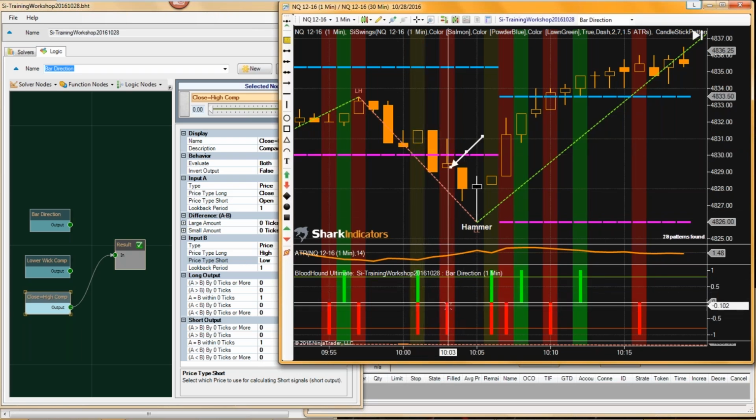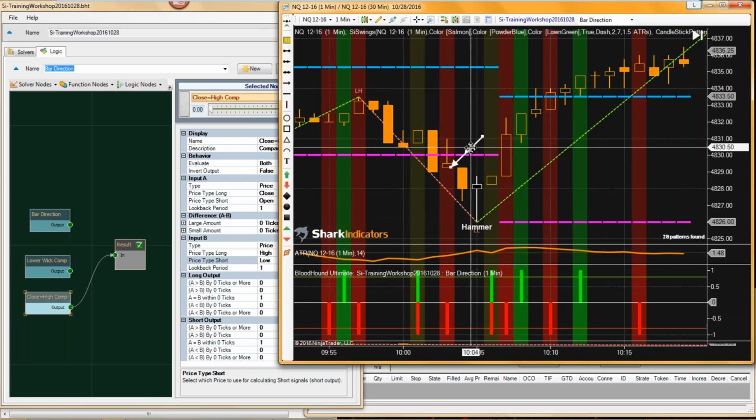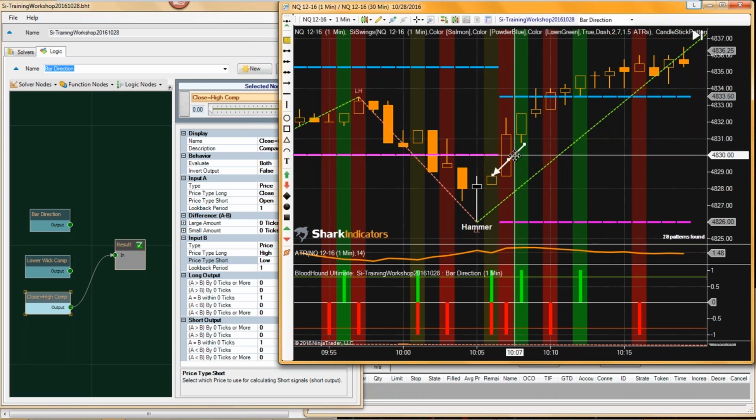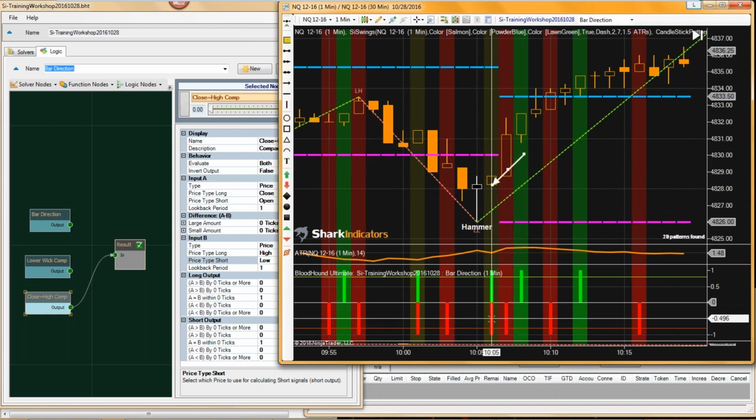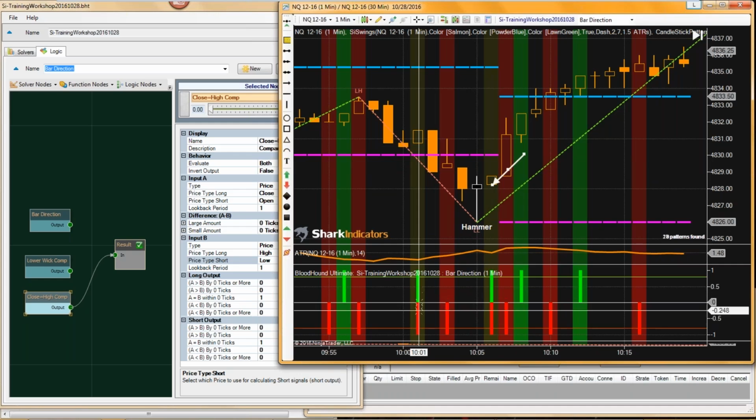Now if we notice this bar, we're getting a short output, and that's because the close equals the low. And if we go here, once again, the close equals the high, so we get a long output, and then the open equals the low, and so we get a short output. So basically, if there's a bar with a long and short output, that means there's no wick. If we get a short output, that means there's no low wick.